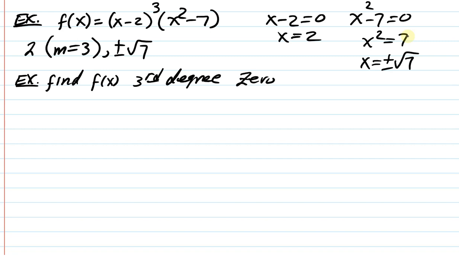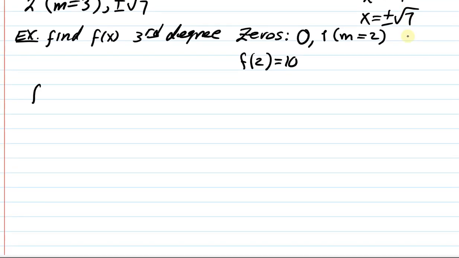And the zeros, let's make 0 itself a zero, and a zero of 1 with multiplicity of 2. And suppose I want also f at 2, the value of the function when x is 2, to be 10, something like that. So how are we going to do this one?